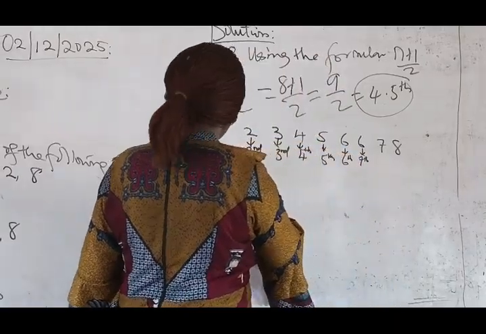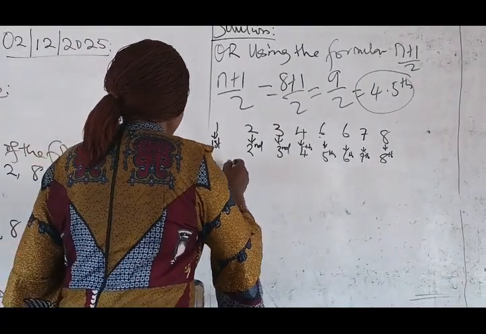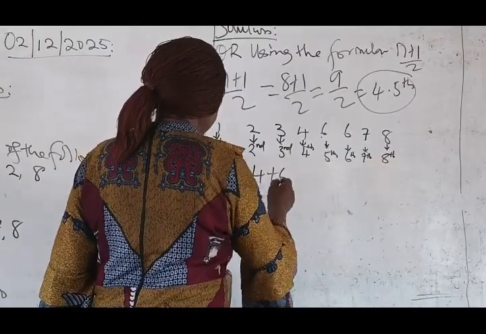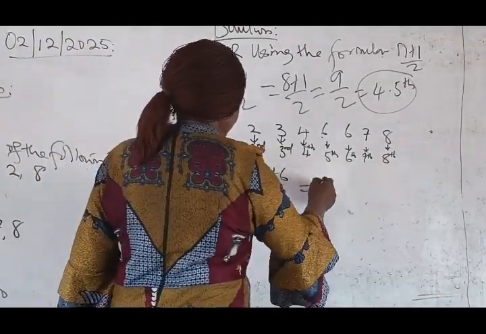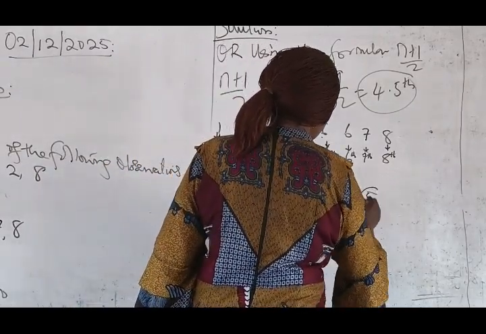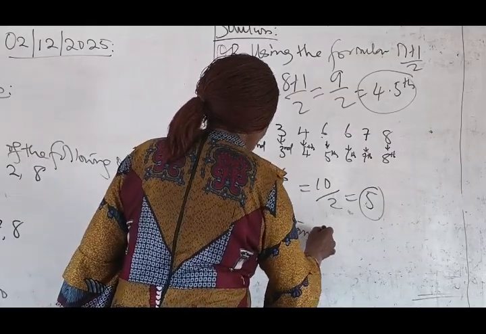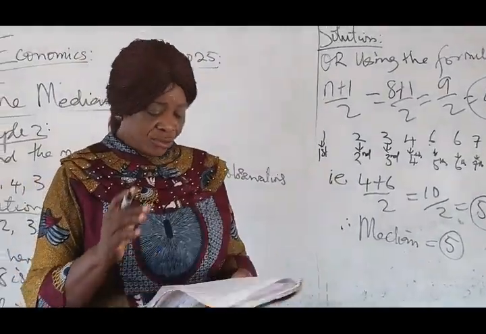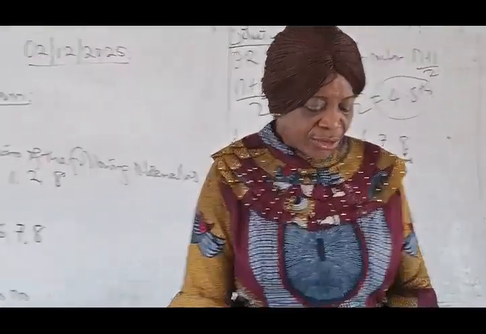So what we are going to do here, we have 4 plus 6 over 2, which is the same thing as 10 over 2, and that will give us 5 as well. So our median equals 5. So you can use either of them to find the median of a set of numbers.